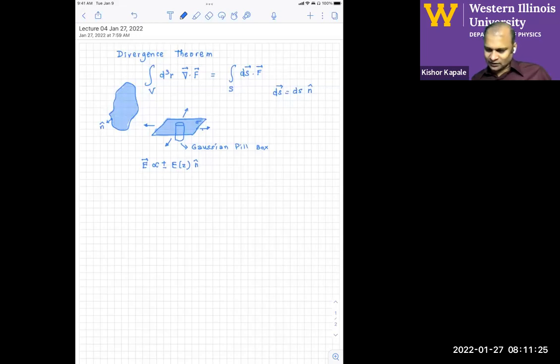Let's think about the surface integral of E dot dS. Let's say we're replacing that F with E. How would you evaluate that? Any thoughts?